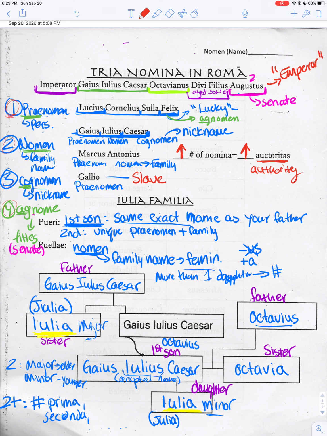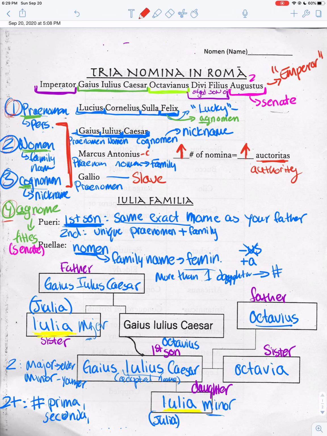So that's a little bit of how the Tria Nomina system of naming worked in Rome. And it's called Tria Nomina, so we have 4, but most people only had 3. Not a lot of people had more than 4. So mostly 3.